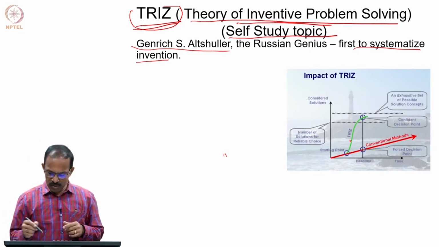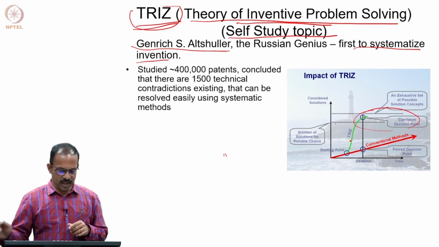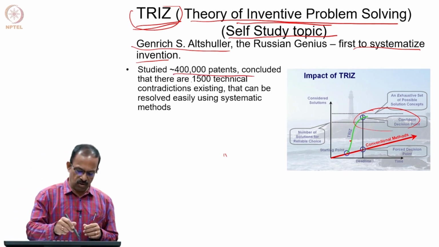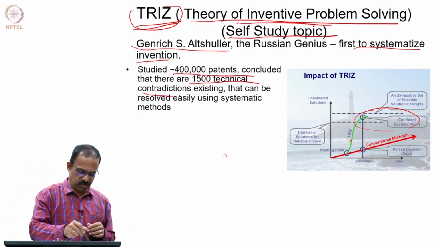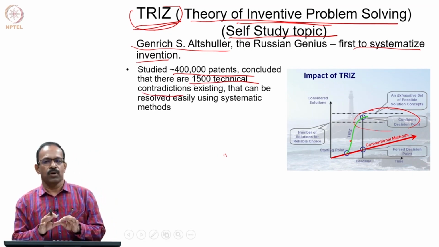Okay, this one I already told you, TRIZ will take you to the solution space very fast. He studied around 400,000 patents, and found that there are only 1500 contradictions existing. These contradictions can be converted to parameters.